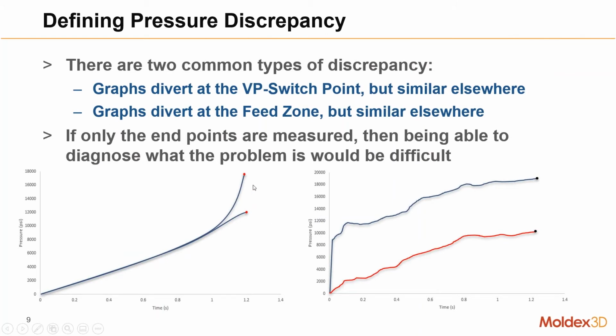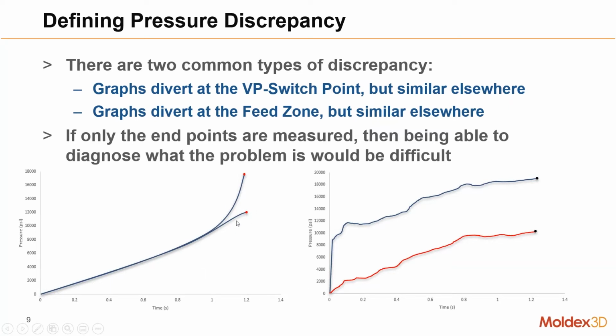All right, so I mentioned just a moment ago that if I were to just look at the final points or these peak values, this case versus this case might actually seem very similar. The values are a little bit different, but they might seem very similar if I didn't have a curve. If I'm just looking at the single point values, these might appear very similar, but we can see that they're quite a bit different.